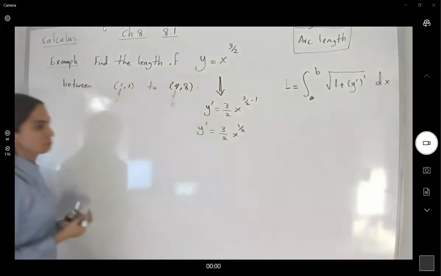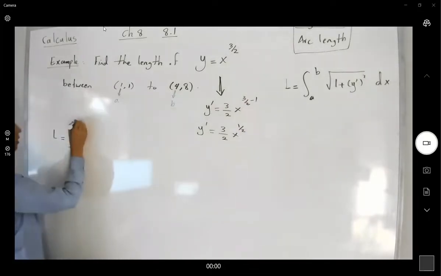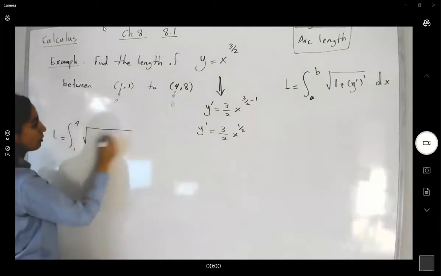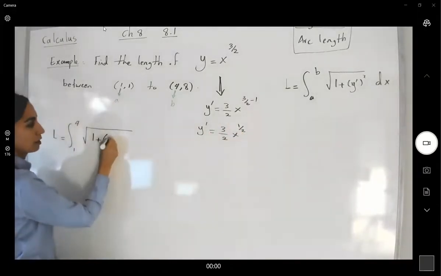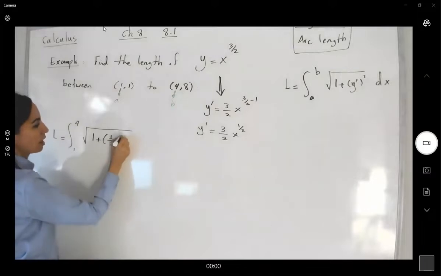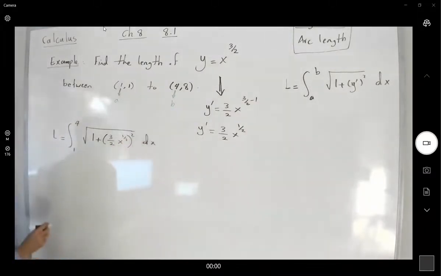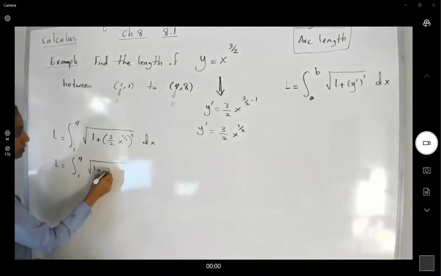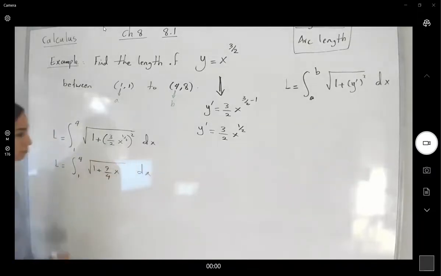or y prime is 3/2 x to the 1/2. Okay. So L is equal to the integral from 1 to 4 of the square root of 1 plus the derivative raised to the second power, 3/2 x to the 1/2 raised to the second power dx. Okay. L is equal to the integral from 1 to 4 of the square root of 1 plus 9 over 4 x dx.